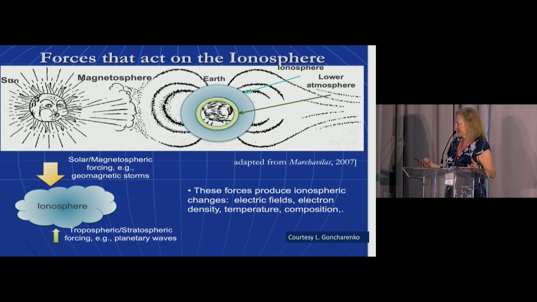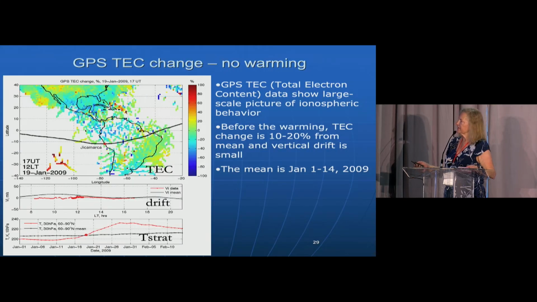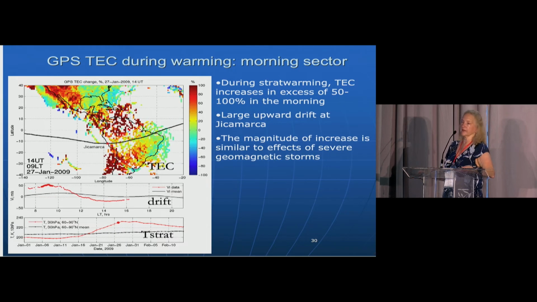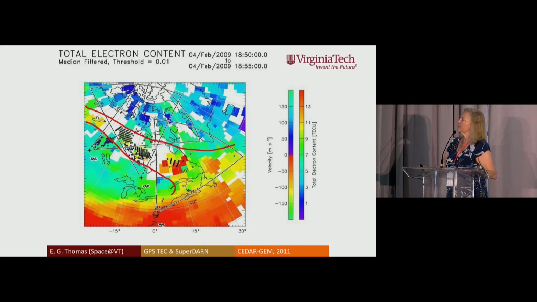But I think we've proved that there's a huge effect, and this goes back to the very early days, probably 10 years ago, where we had a stratospheric warming. We didn't think much was going to happen. This is actually the drift as measured at Jicamarca, the temperature, and then after the warming, there's a huge change, a huge uplift in Jicamarca, a large change in the drift. So we were really starting to do, I would say, system science with all of our measurements.